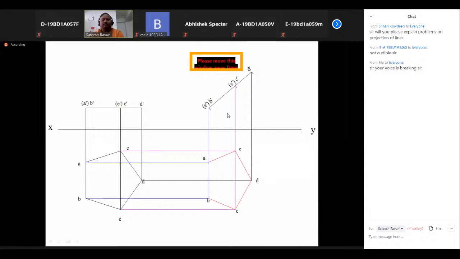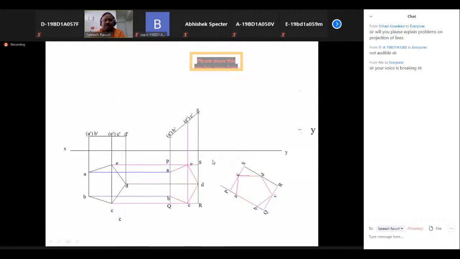Now in the next stage, he is saying that the entire top view is to be rotated to an angle of 30 degrees. In fact, if you assume that it is perpendicular to VP, for example, this PQRS rectangle was drawn around the reduced shape of the pentagon ABCD. ABCD is the reduced shape of the pentagon.